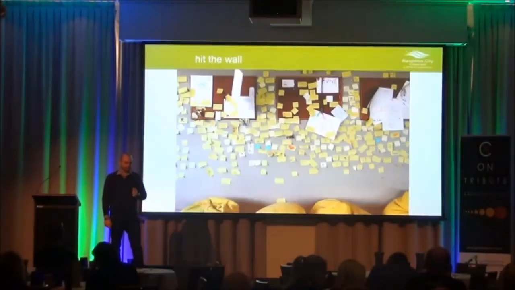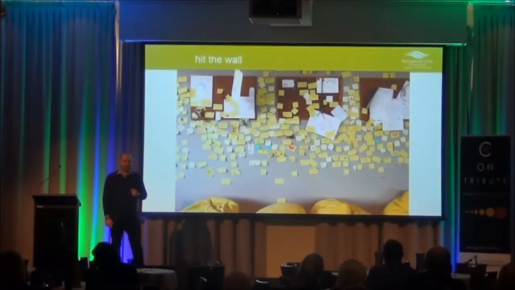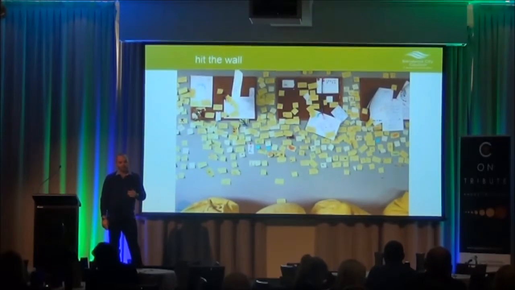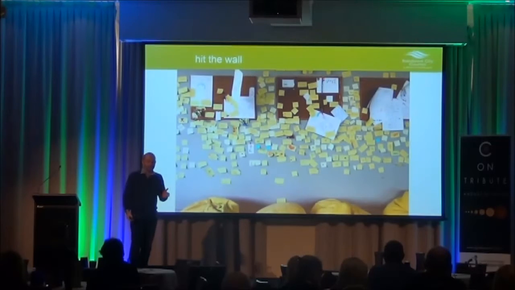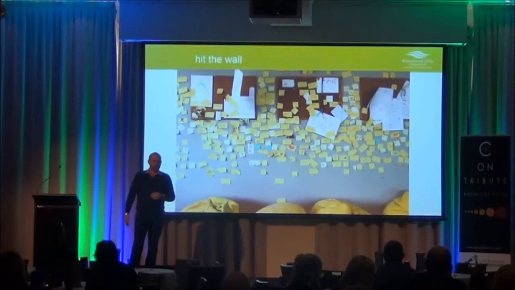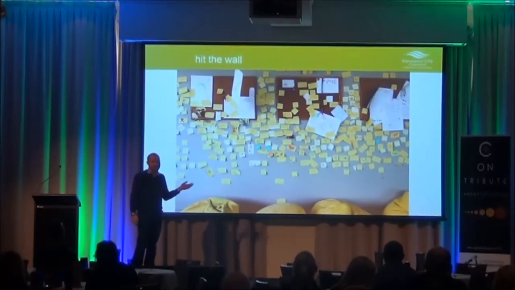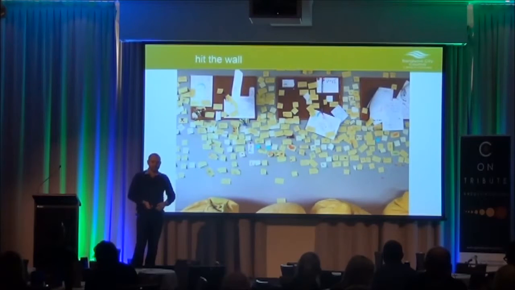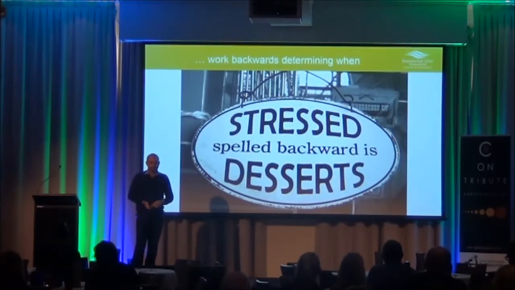Determining when. It's like I was saying, having those people in the room so that everyone knows when things need to be done. So make it a group effort and put them up on the wall and find out who and when that sequence needs to happen.